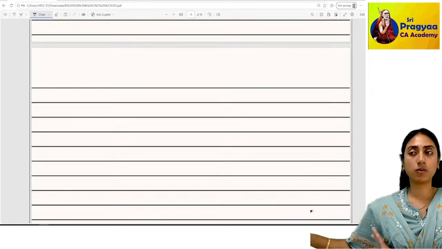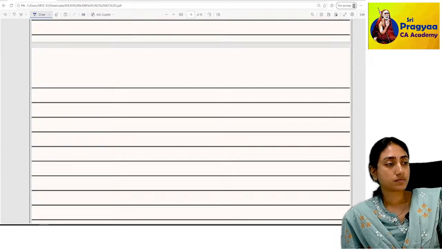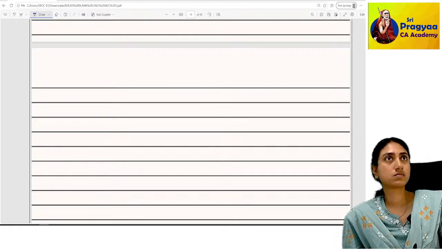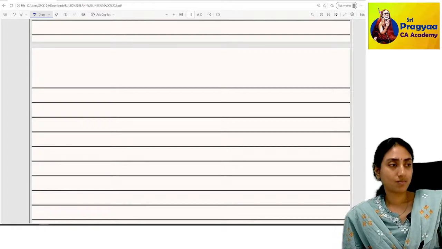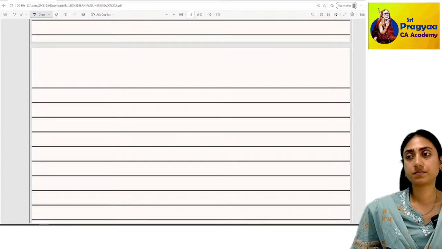Suppose a year is over on 10,000, the extra compounding interest is getting added to the expected rate of interest.